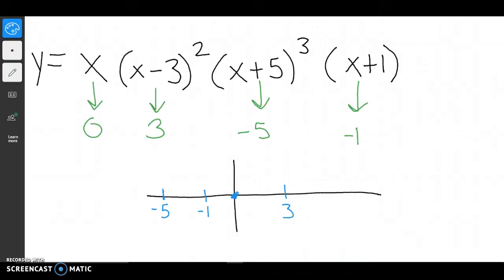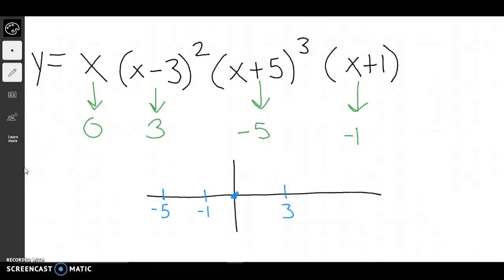The first thing we need to do for our shortcuts is to find what it's going to do out here in this area. If it's going to either go down or go up, we need to know if it's in the positive region or the negative region. To do this, we're going to pick a very, very big negative number, maybe -1,000.